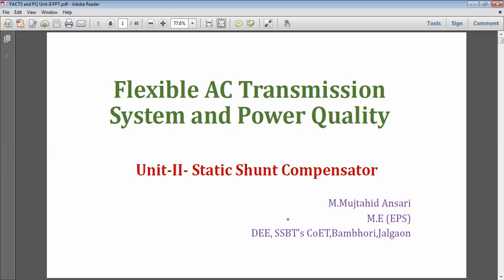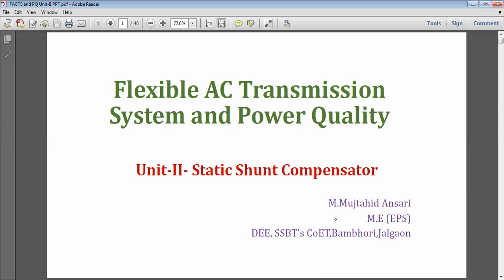At the same time, it will increase the power handling capacity of the existing transmission line. It is recognized that with the help of FACTS devices, it is possible to enhance the steady state and transient stability of the system.